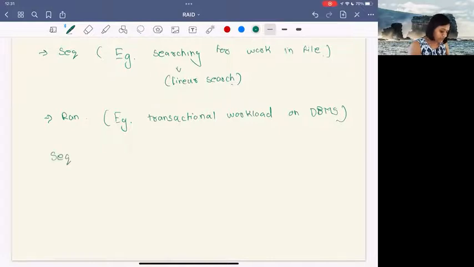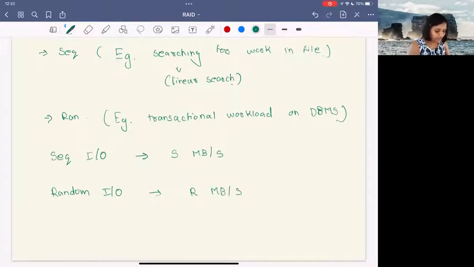Let's say that for sequential IO, the bandwidth that we get for the disk in its best performing nature is S megabytes per second. And for random IO, the bandwidth that we get is R megabytes per second.